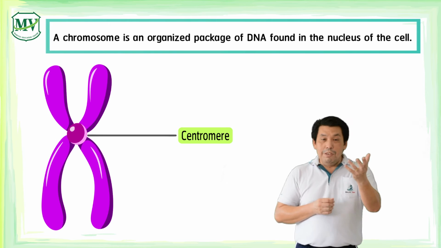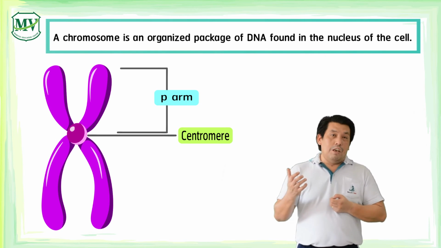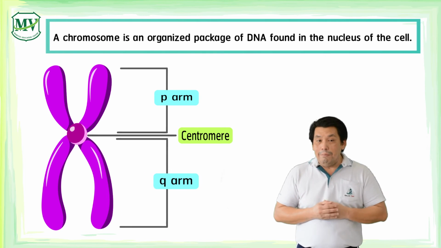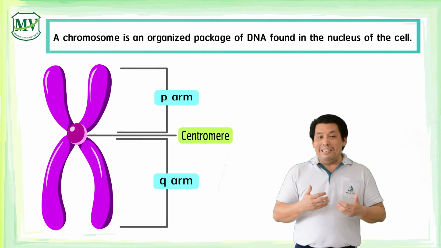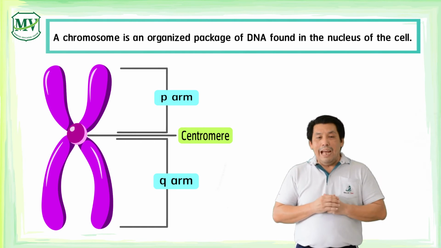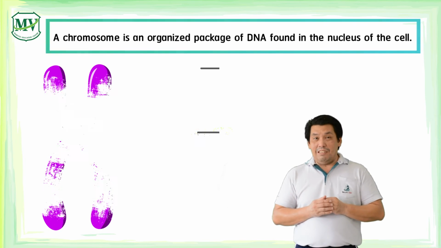The short arm of the chromosome is labeled as the P arm, while the long arm is labeled as the Q arm. The location of the centromere on each chromosome gives the chromosome its characteristic X shape and can be used to help describe the location of specific genes.